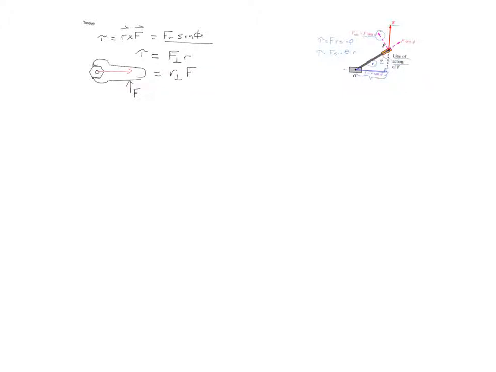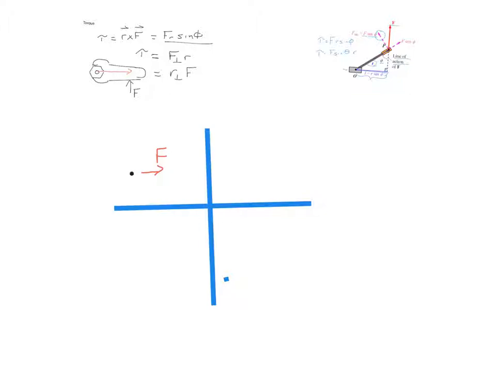So if it's not a rigid object like that, but a particle instead, let me try to get an XY axis here. And let's put a particle here. And we'll have a force being applied to that particle in that direction.